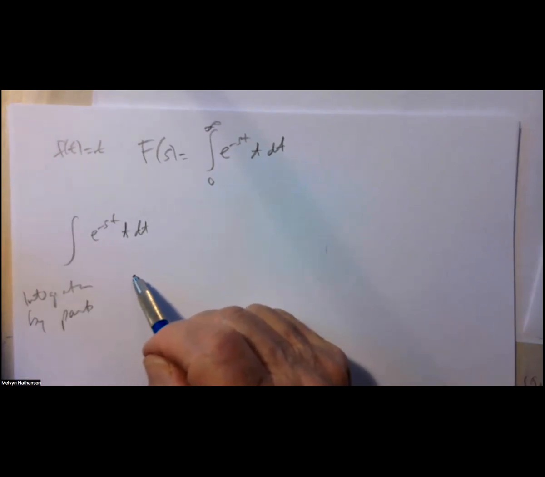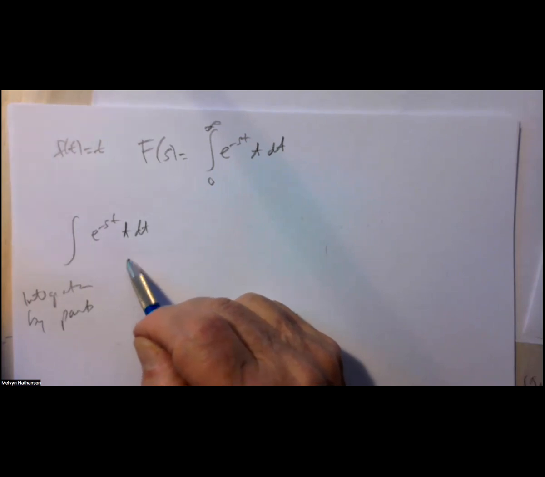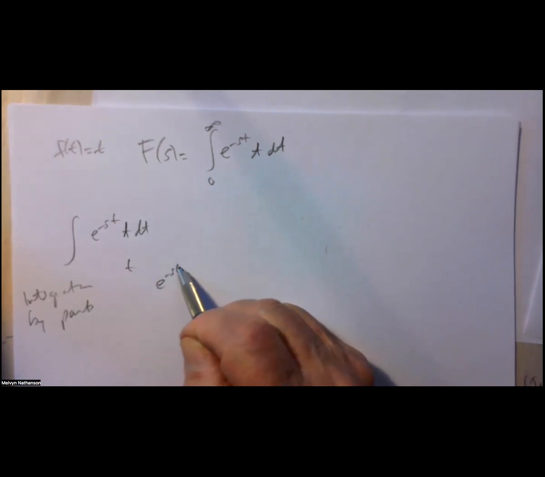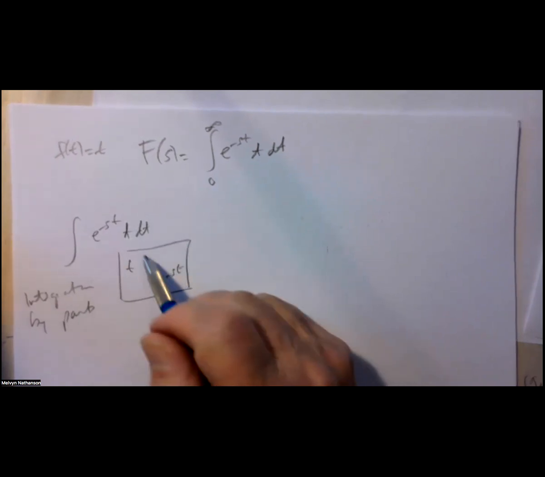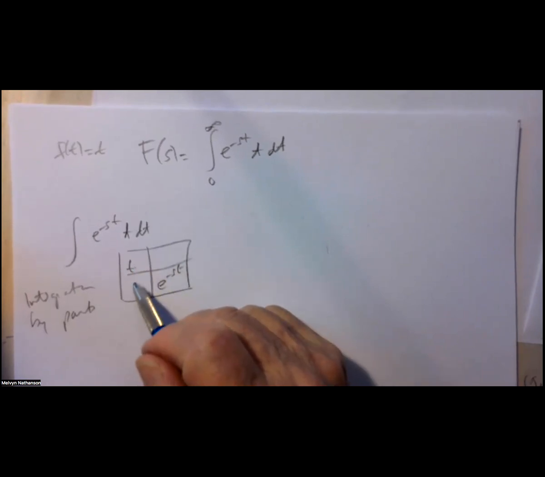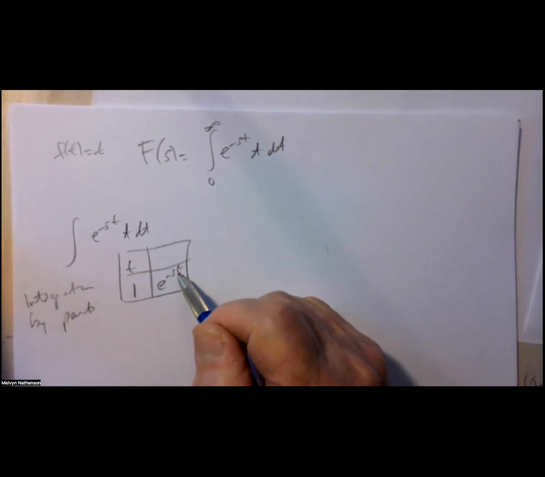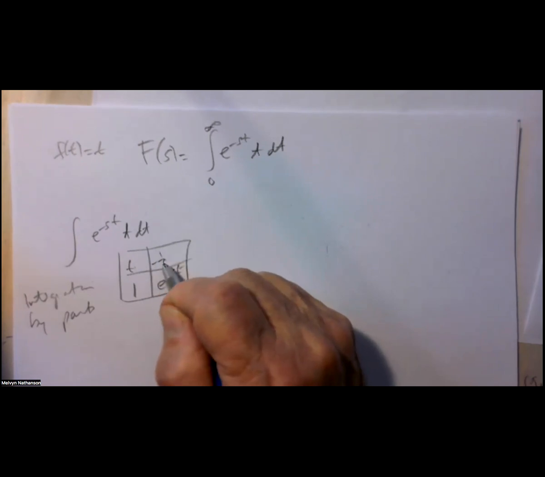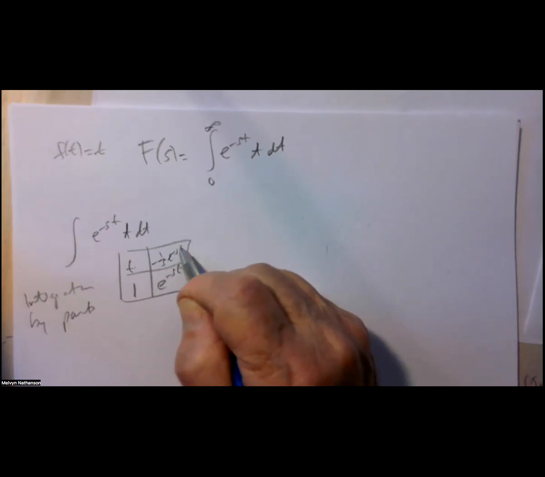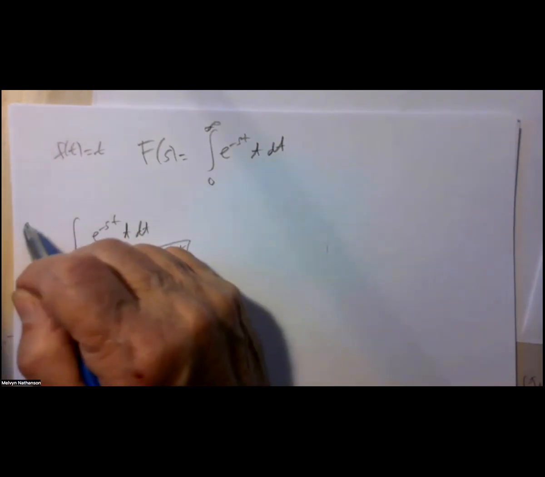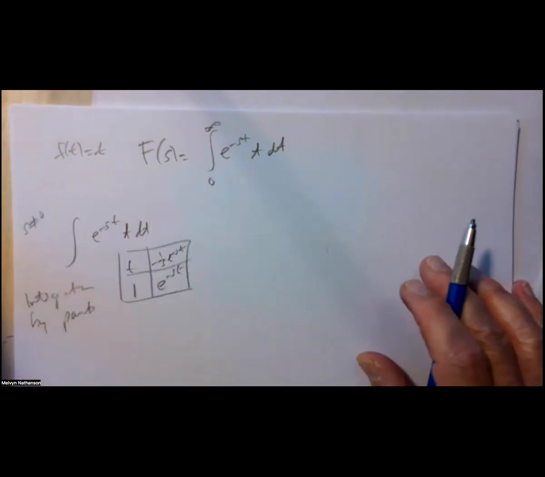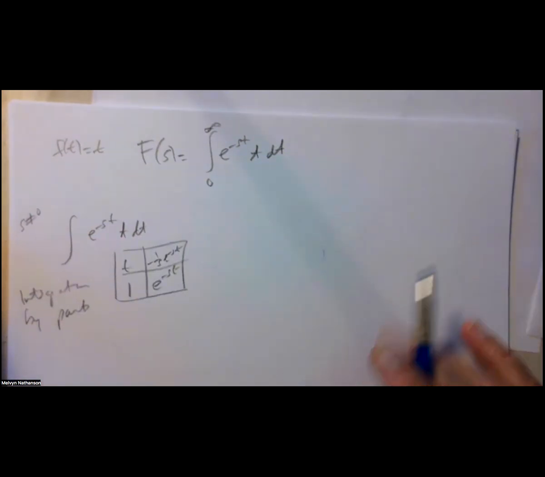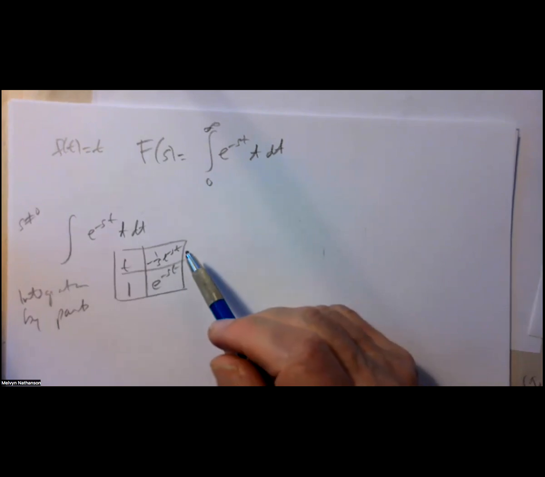What are parts? Well, I can have t e to the minus st. The derivative of t is 1. The integral of e to the minus st is minus 1 over s e to the minus st. So the first thing we remark is we only can do this for s different from 0.